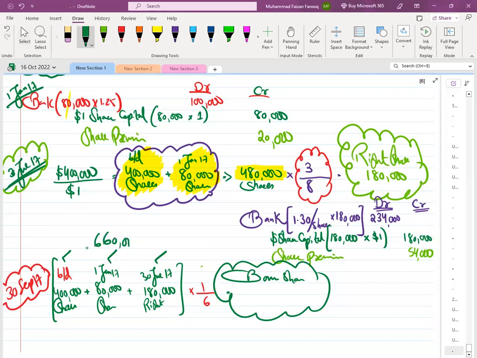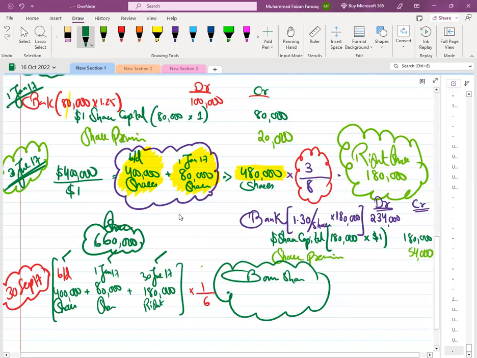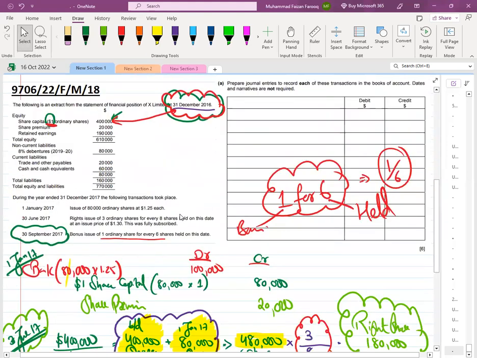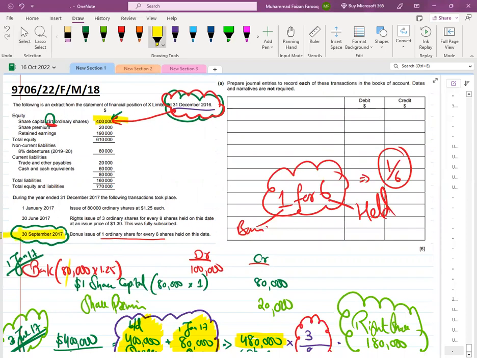This is the very important thing, please: this company starts the year with 400,000 shares. This 400,000 is at the start of the year, right or wrong? Yes. And bonus is on 30th September. So the 400,000 shares, right? I am at 30th September.